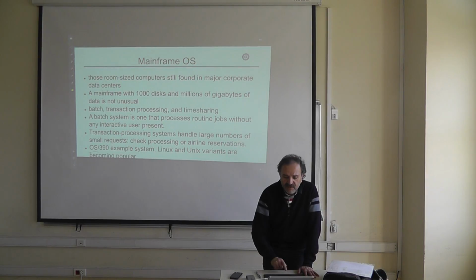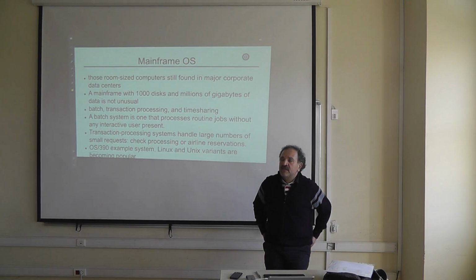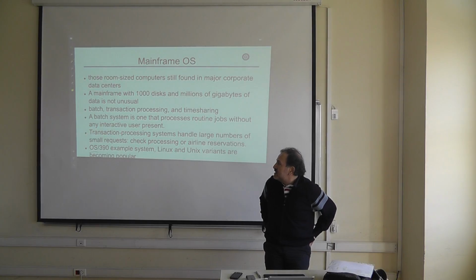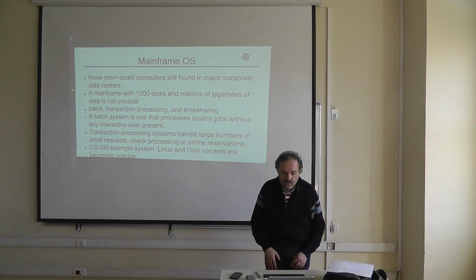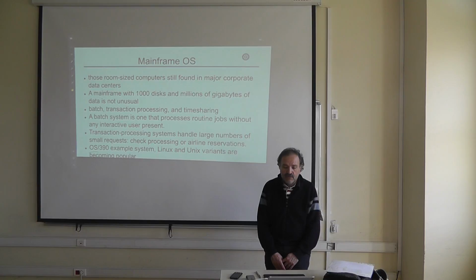Mainframe operating system. So these are the first types of operating systems. In the 1950s and 60s, we dominantly had mainframes, other than the minicomputers. The mainframes are very large computers. These are room-sized computers. You need to cool them down. They are air conditioned.